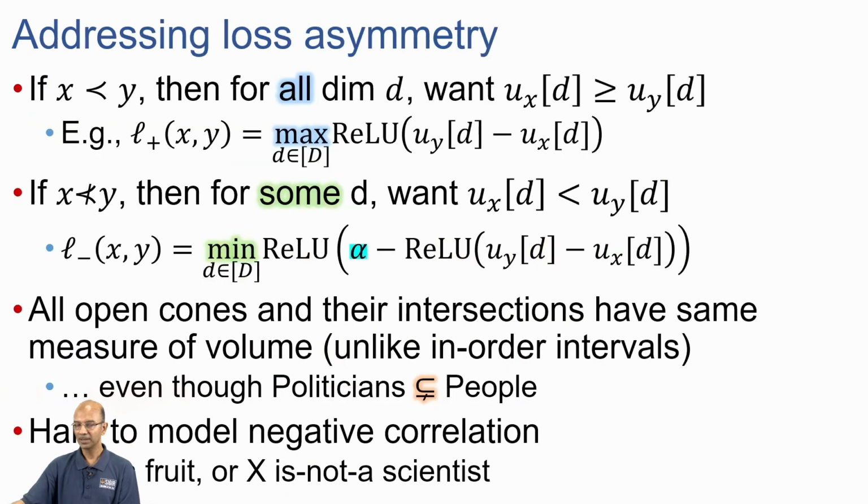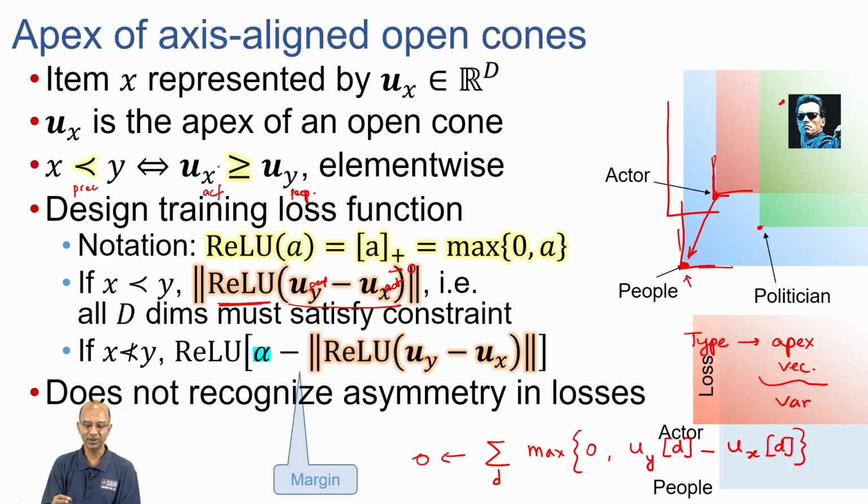Now, there are some asymmetries in this loss function. In particular, if I do not want x to be contained in y, then I actually want this violation. I actually want some part of the red type to stick out of the blue type, and I'll implement that by taking two ReLUs. I'll actually have a margin alpha, and I'll subtract the earlier ReLU from that.